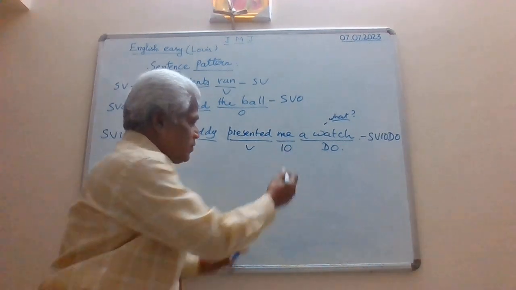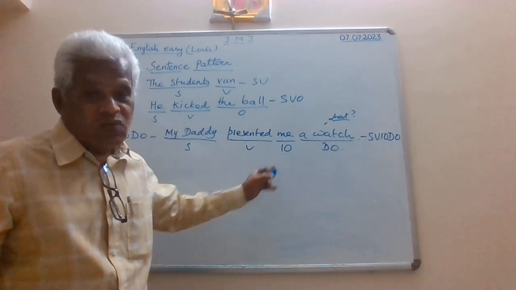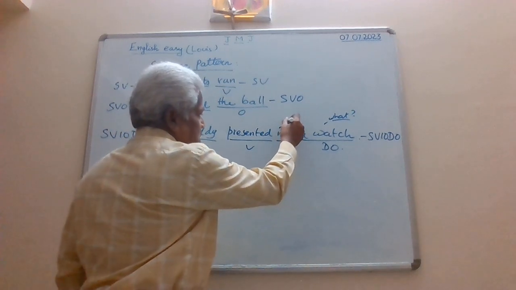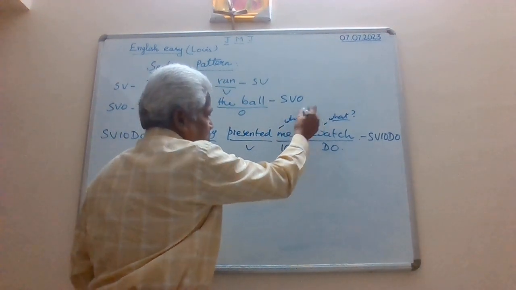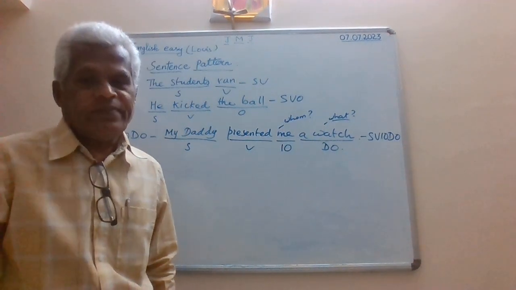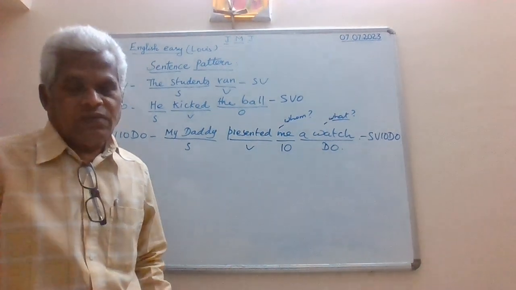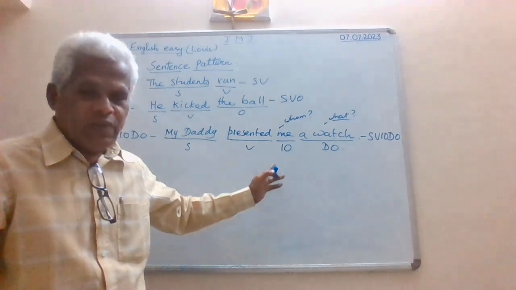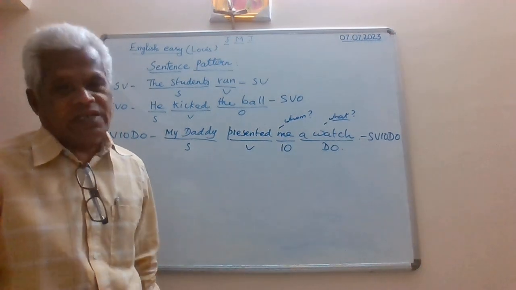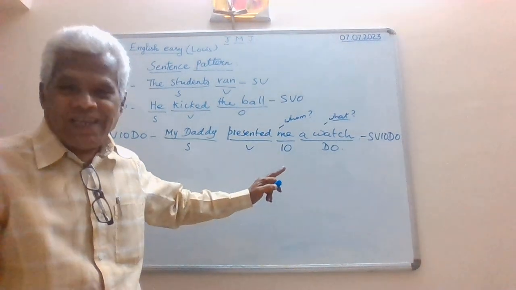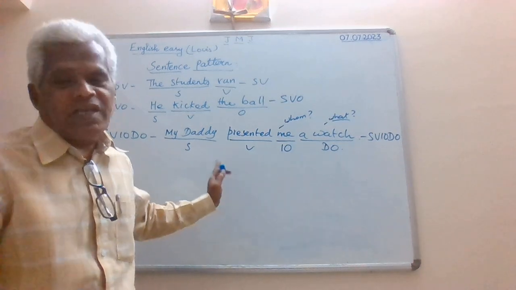Now what is the indirect object here? Me. And I told you me answers the question whom. Now read the sentence. My daddy presented me. We are not sure, but the word me acts as an object in this sentence. So it is indirectly involved with the action of the subject.